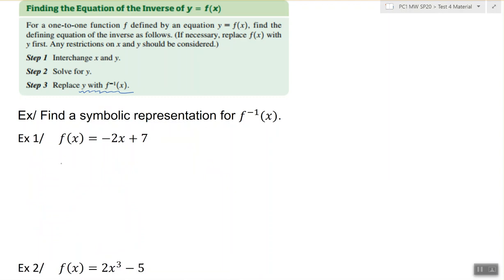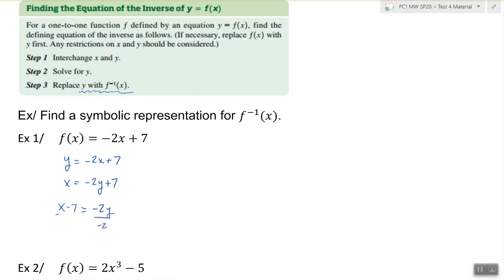You can just dispense with the function notation and use a y instead. And now we want to switch or interchange our x and y. Now we're going to solve for y. So x minus 7 is -2y.